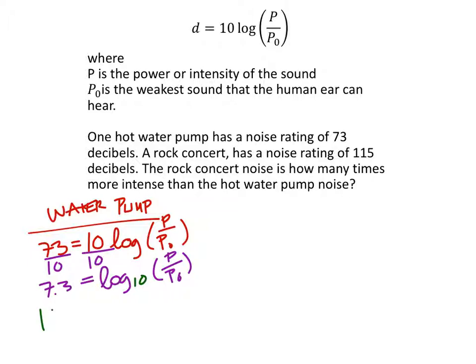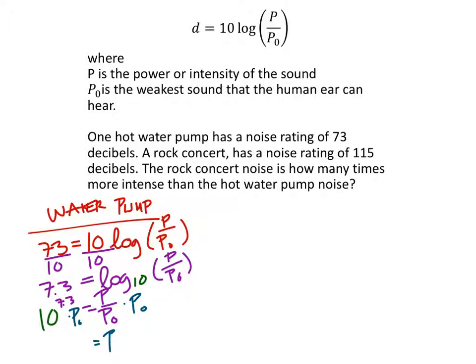So that would be 10 to the power of 7.3 would equal the sound intensity divided by the smallest or weakest sound that a human ear can hear. And then finally, to solve for P, we would multiply both sides by P sub 0, and that would give us the P value.